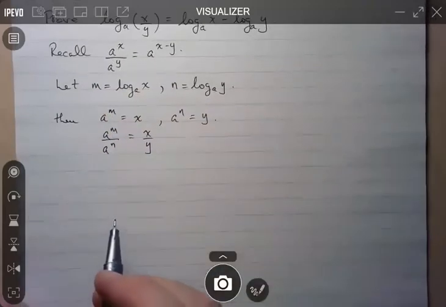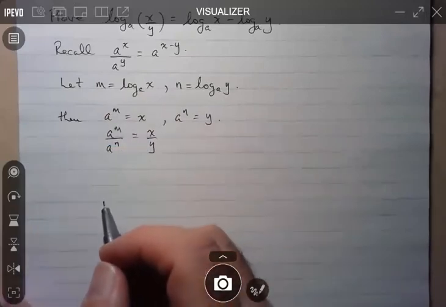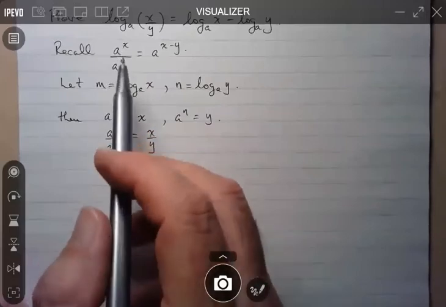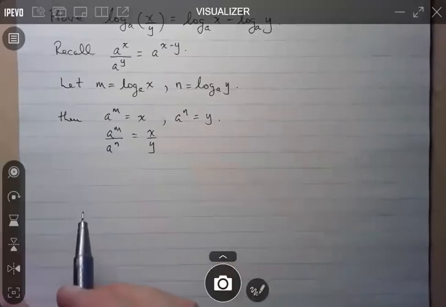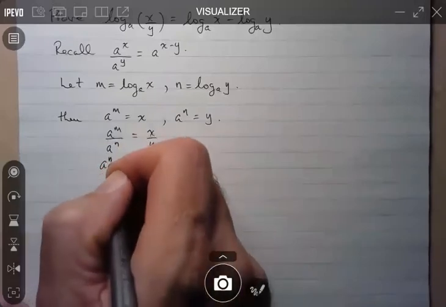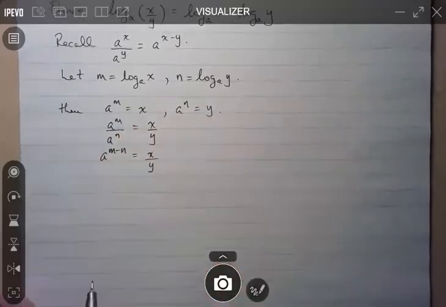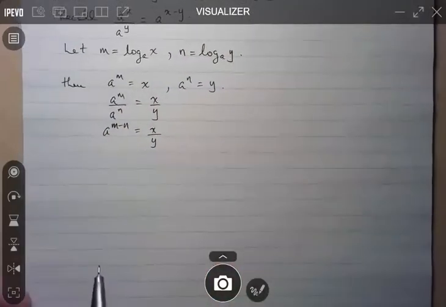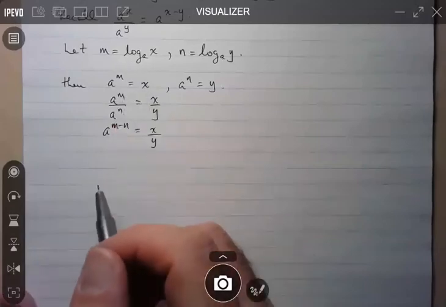In the first law of logarithms, we multiplied them, so we could use the first law of exponents. For the third one, we took one of these powers to another power so that we could use the third law of exponents. So here we apply it and we got a to the m minus n is equal to x over y. Now that we've applied the exponent law, that's as far as we can go.